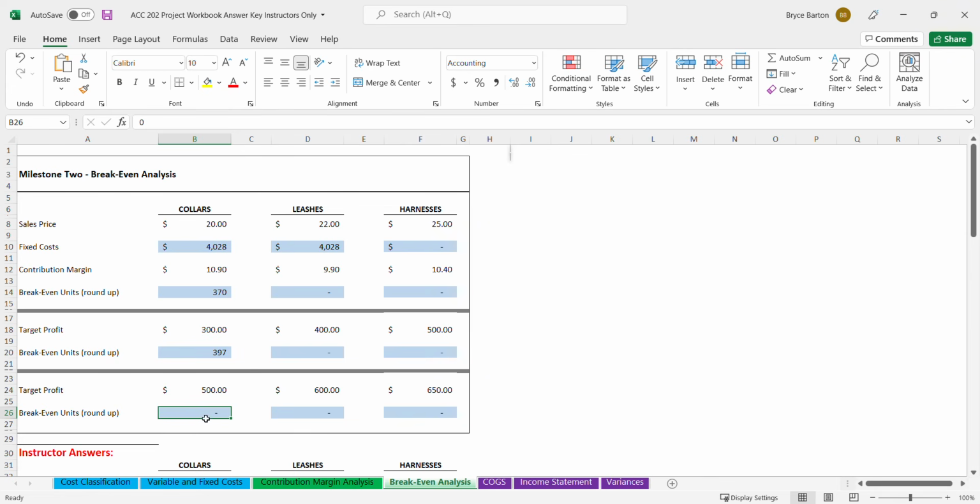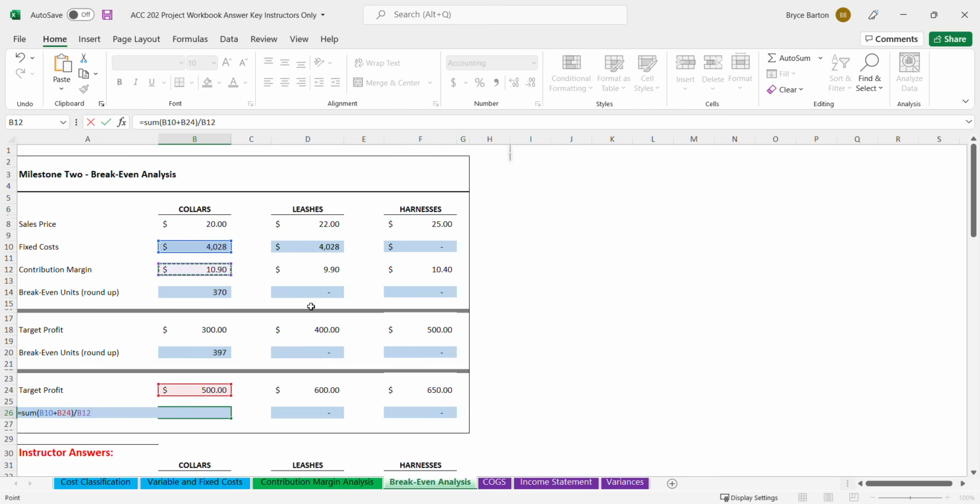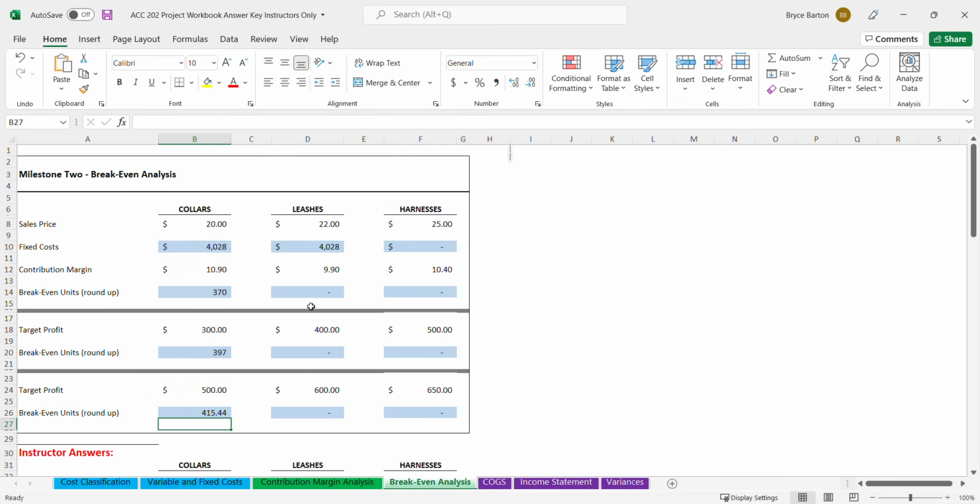It's going to be the same thing. I'm just going to say equals the sum, open parentheses, of our fixed costs plus our target profit, close parentheses, divided by our contribution margin. Enter.